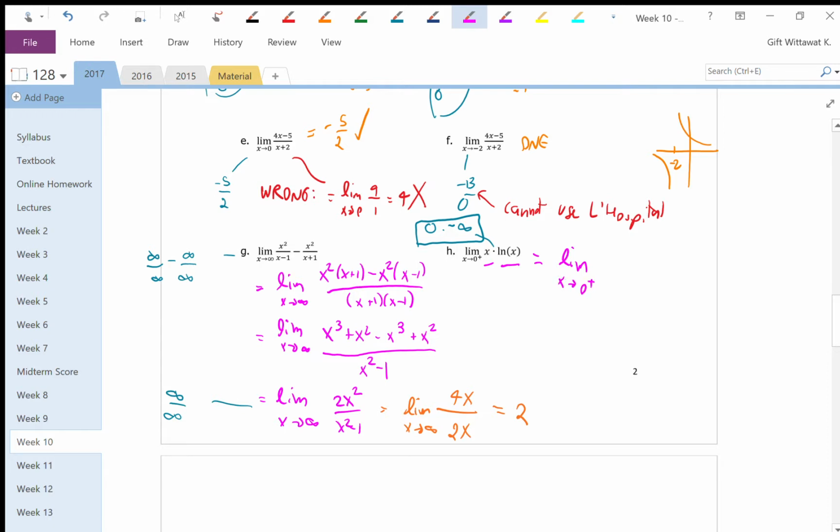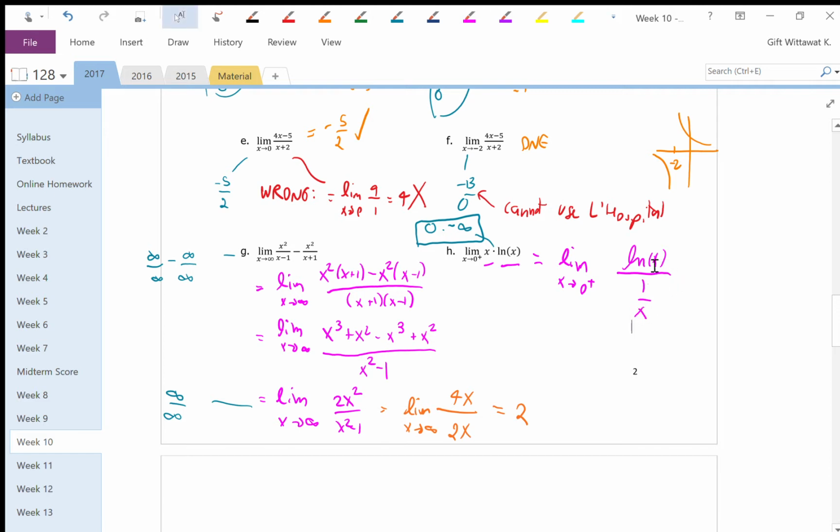So let me try this. So that's going to be the same as, right, log of x times x is the same as log of x over 1 over x.